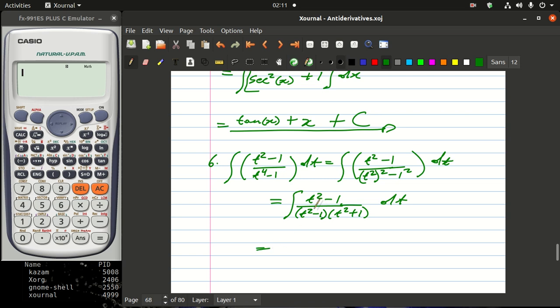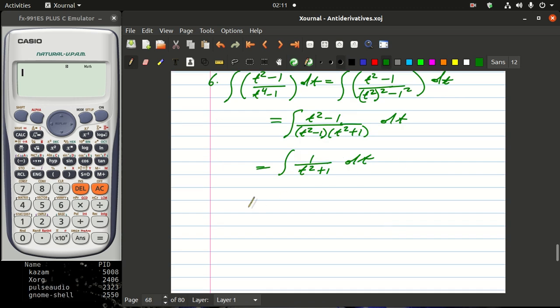Of course, t squared minus 1 and t squared minus 1 cancel out, and now you are left with 1 over t squared plus 1, dt. If you look carefully, that's just tan inverse of t plus a constant. I think that is going to be the final answer.